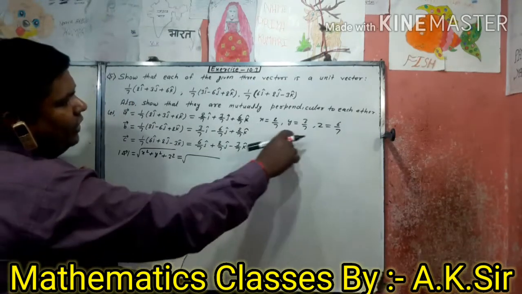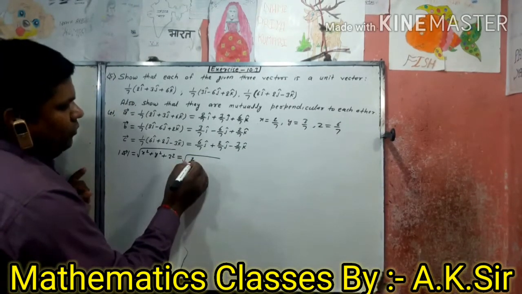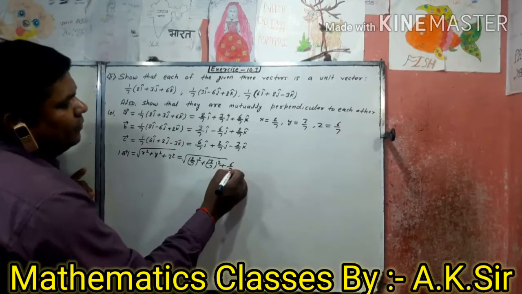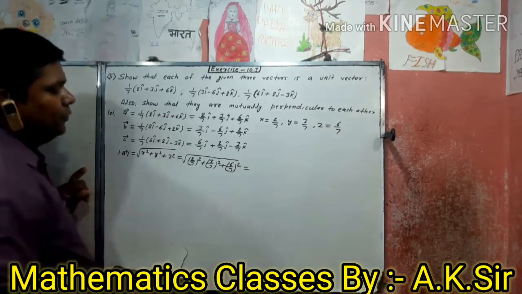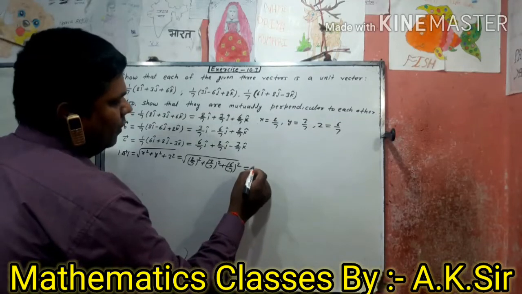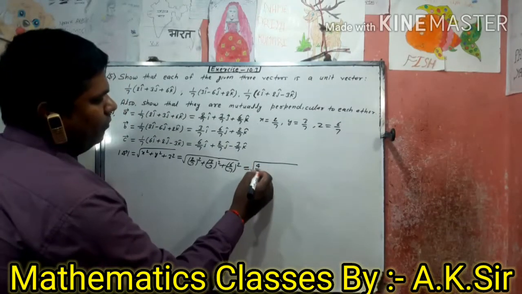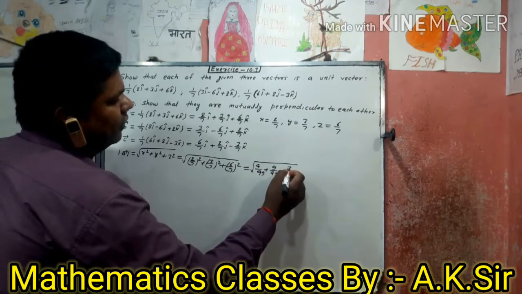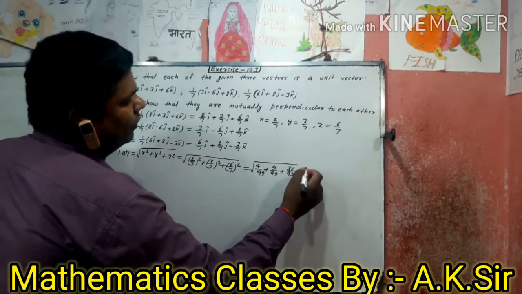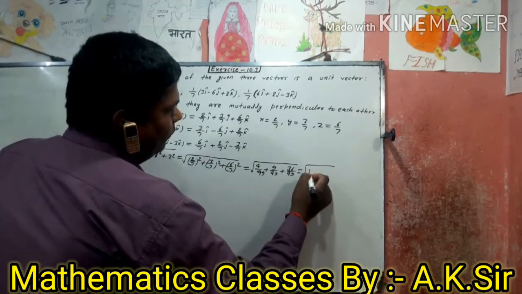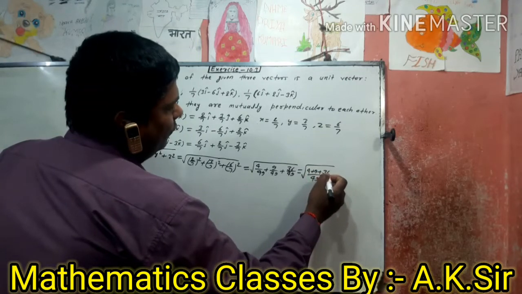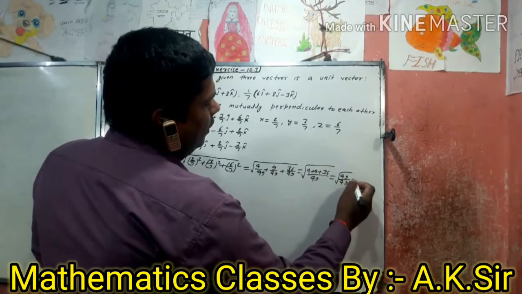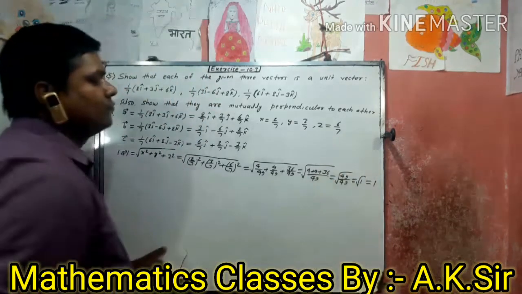Repeat the values of x, y and z: 2 by 7 to the power 2, 3 by 7 to the power 2, 6 by 7 to the power 2 is equal to under root 4 by 49 plus 9 by 49 plus 36 by 49, which is under root of 49 upon 49, since 4 plus 9 plus 36 is 49, equal to under root 1, which is 1.